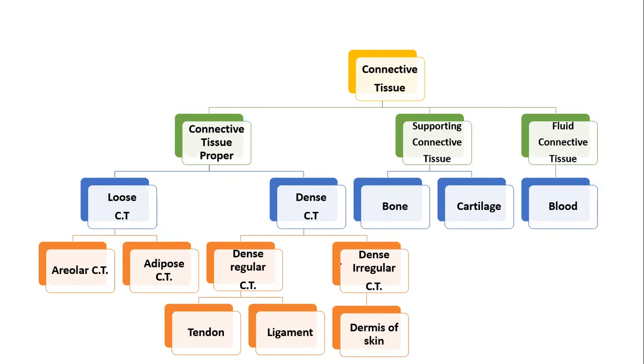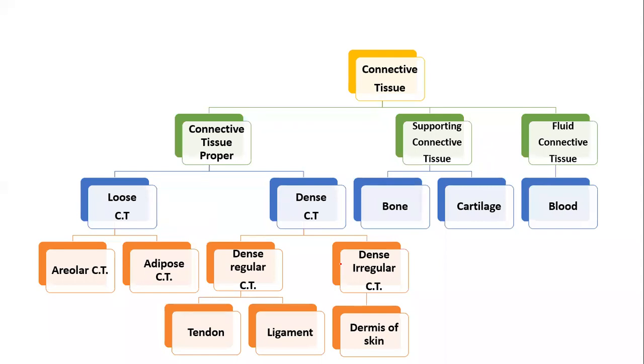The tendon connects muscle to the bone, so it connects two different tissues. Whereas the ligament connects two bones and is present near the joint, preventing dislocation of the bones.